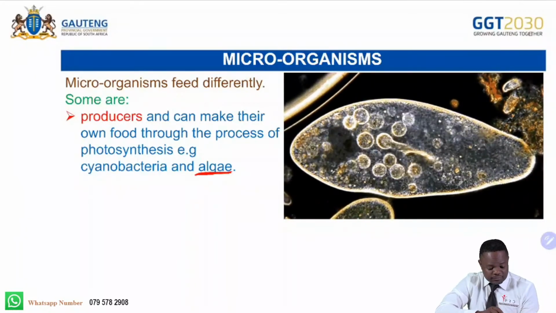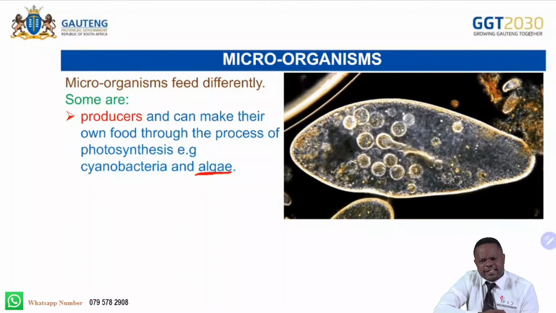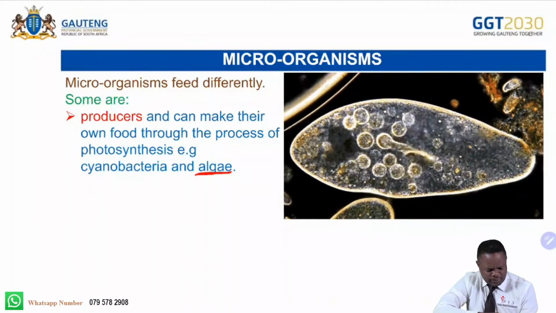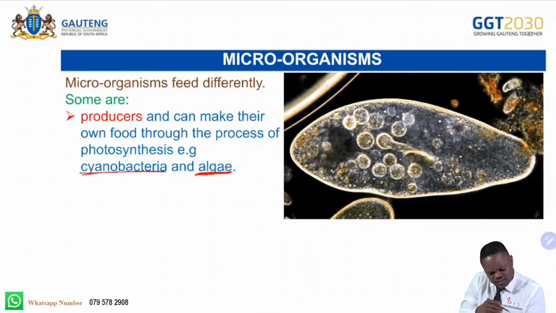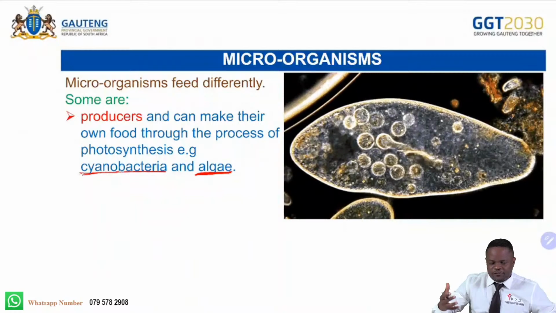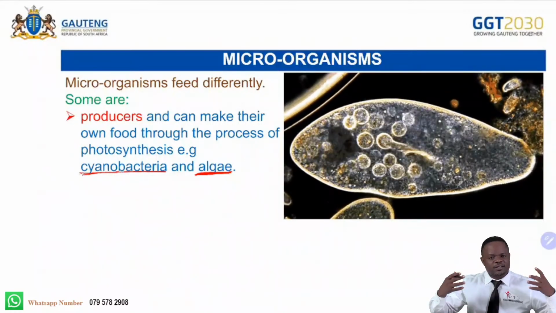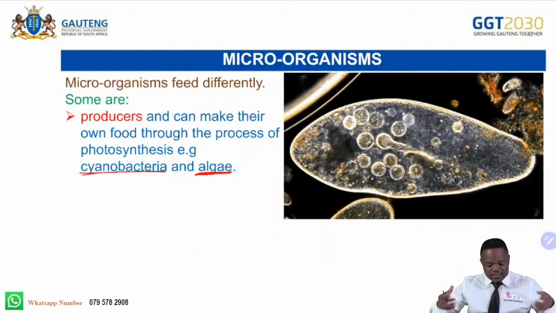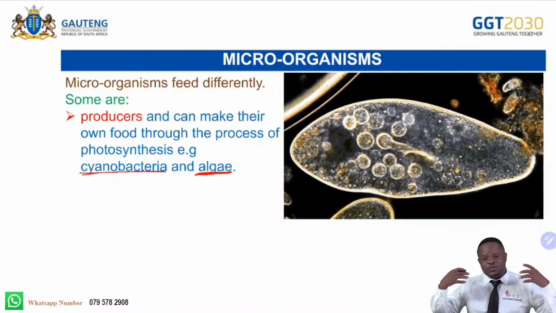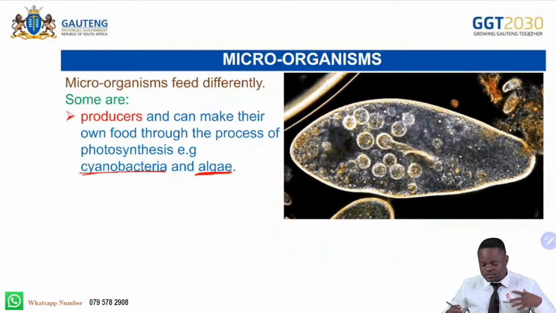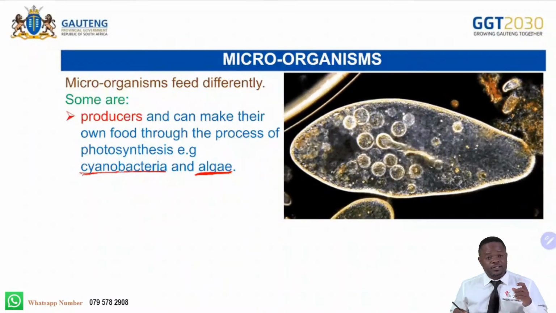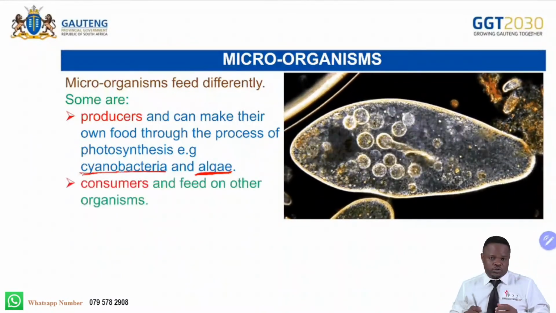And then we also have what we call the cyanobacteria. Don't worry about these big terms at the moment, grade 8, but just know them. You have fun with your friends and you talk about these terms. Today I learned about cyanobacteria. They are microorganisms. They can produce their own food, right? So just recall those terms. And then some of them are consumers.